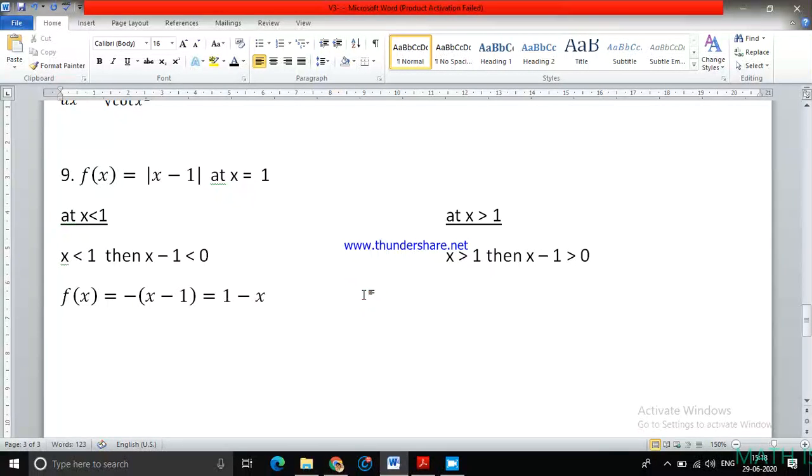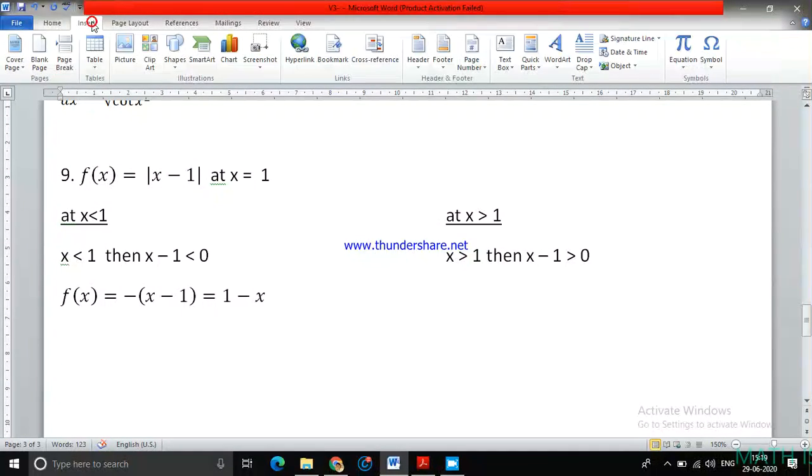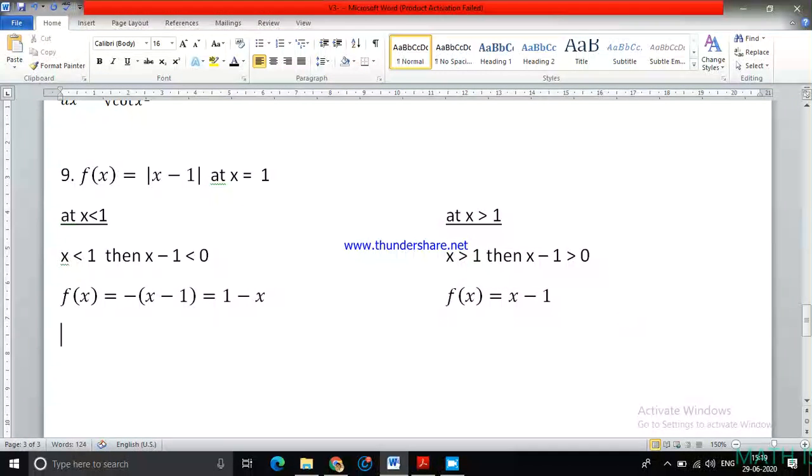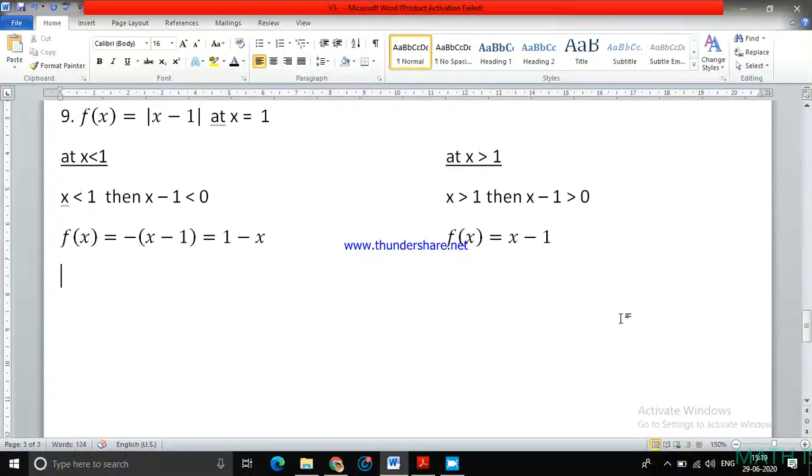If x minus 1 is greater than 0, that means x minus 1 is a positive number. If x is greater than 0, then mod x equals x only. So here also f of x is going to be the same. So you will get f of x equals mod of x minus 1, which is nothing but x minus 1 only. Okay, so this is what your function says.